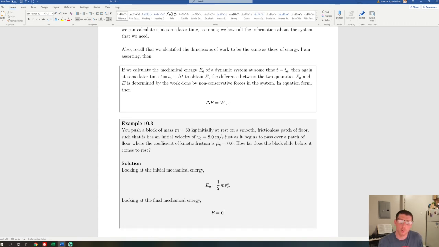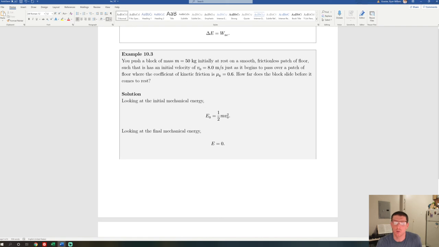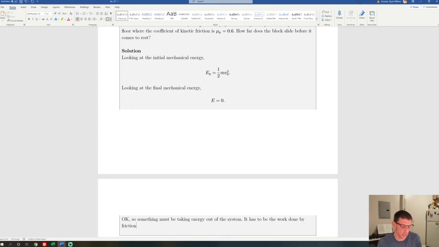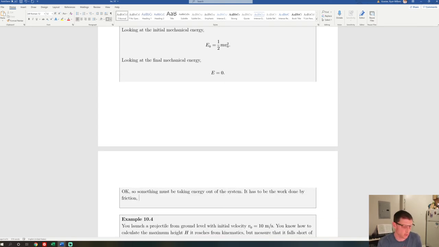So we're at this point now, and we see that E naught doesn't equal E. So we suspect something's going on. Something must be taking energy out of the system, and it has to be the work done by friction. Thinking back to what we said about friction, this shouldn't be a surprise to anybody.